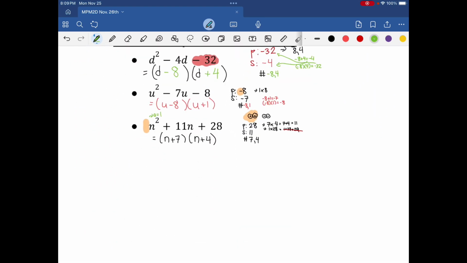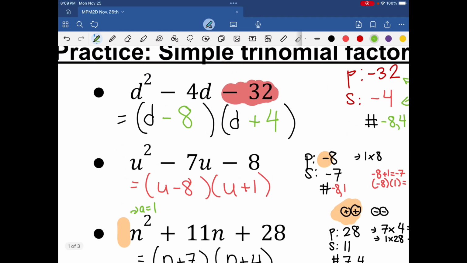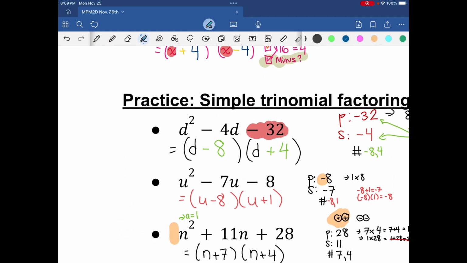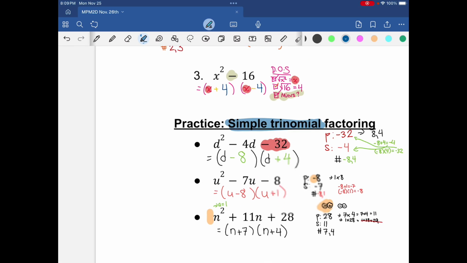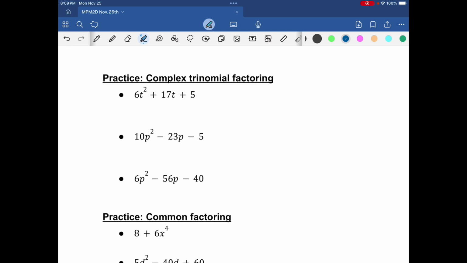And the simple trinomial factoring, as you can see, is amazingly simple, but only if this is a simple trinomial factoring. You need to be able to identify what kind of factoring you have to do.